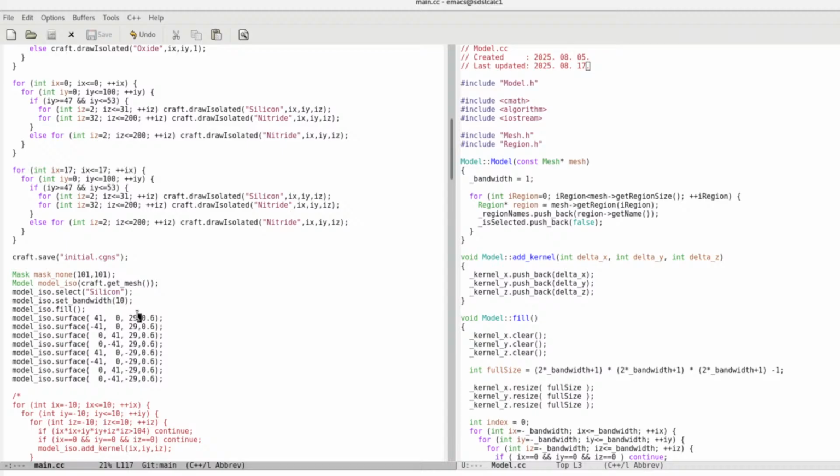And I think this parameter is quite important. This is the ratio between the growth velocity along the 111 direction and the 001 direction. Although there are not many reports on this number, I will just use this 0.6 for my own purpose.